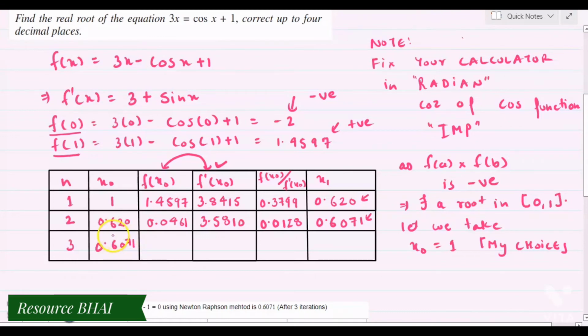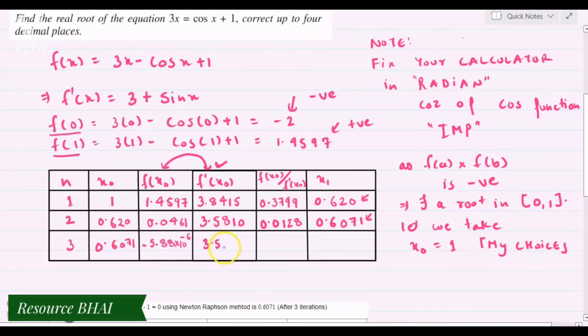It is coming out to be minus 5.88 times 10 to the power minus 6. Now find the value of the derivative, that is 3 plus sin x, at 0.6071.